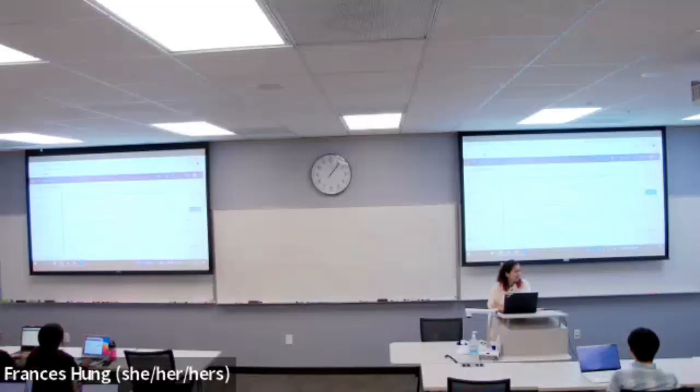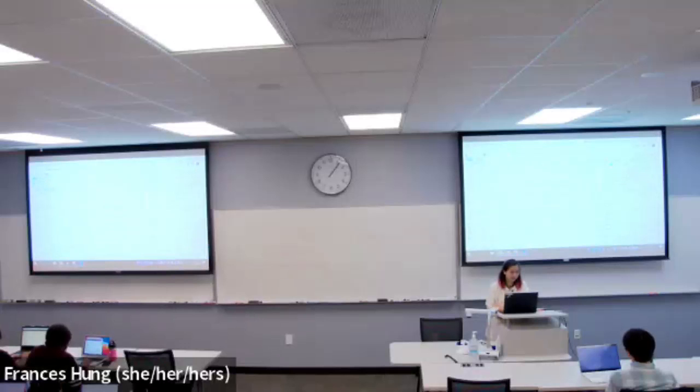I think most people should have this already, which is good. This is just a review in case people don't have it. Once you clone, you go back to RStudio, you make a new project, version control, and we go to Git. Oh, we have a question.